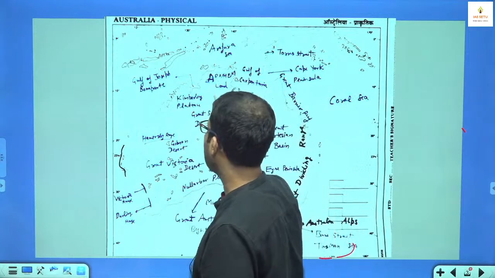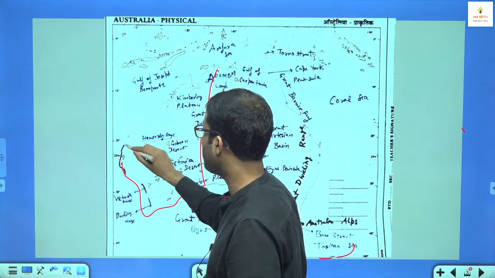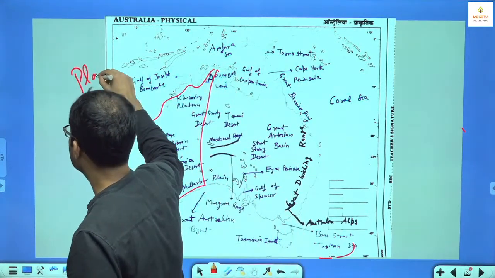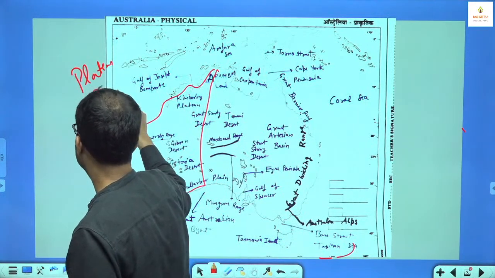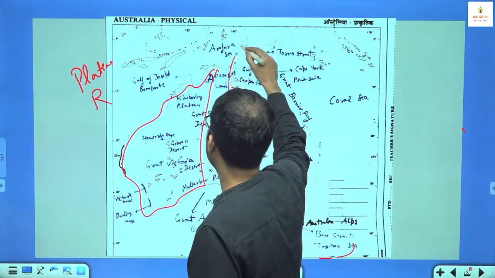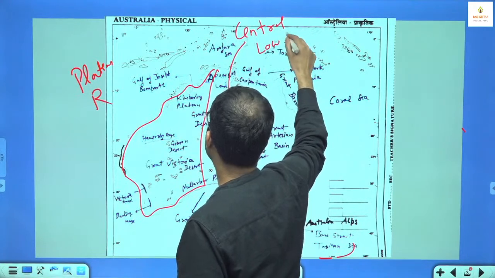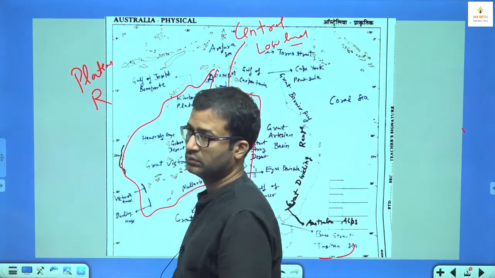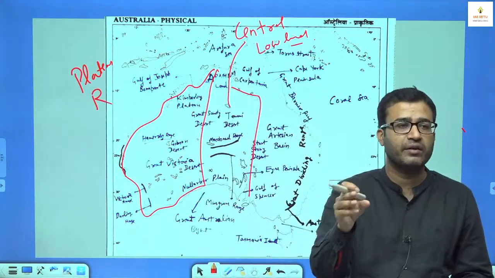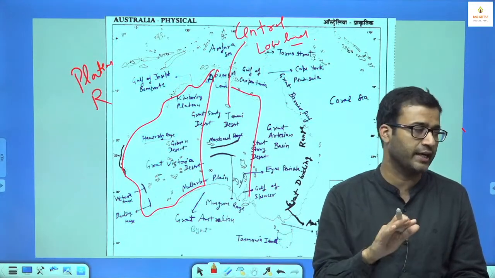The western part here is a plateau region. Like in India, the southern part is a plateau region. So this western part is a plateau region. Central part is a central lowland, which is more or less a plain area with basins, river basins, lakes.